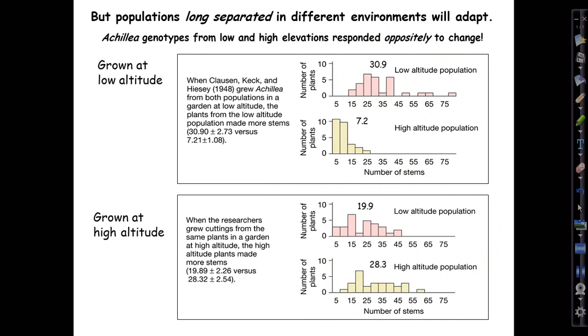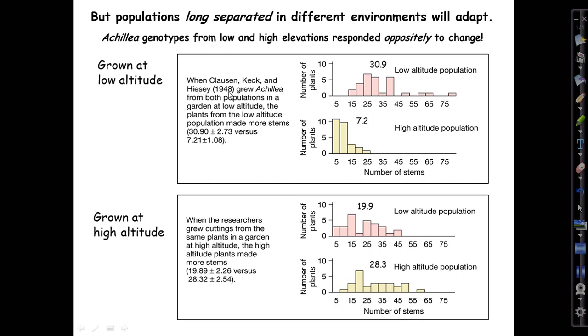It's true, nonetheless, that populations long separated in different environments will adapt to them. And the Achillea genotypes from low and high elevations that had evolved there for a long time did respond oppositely to change.